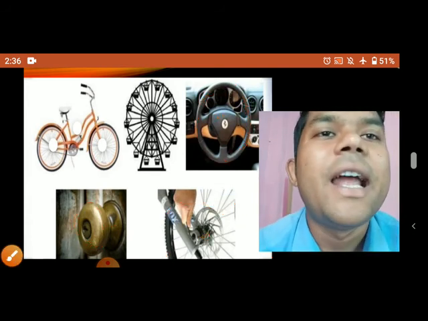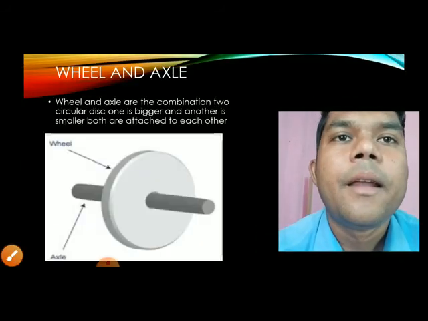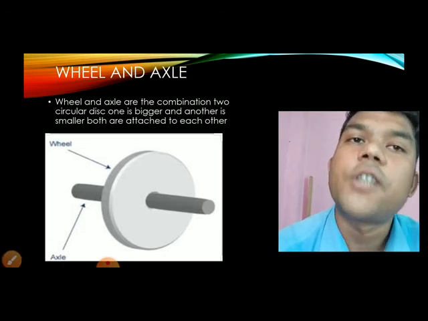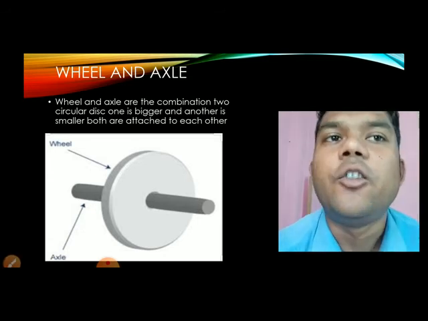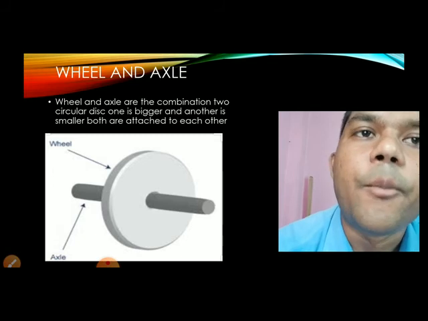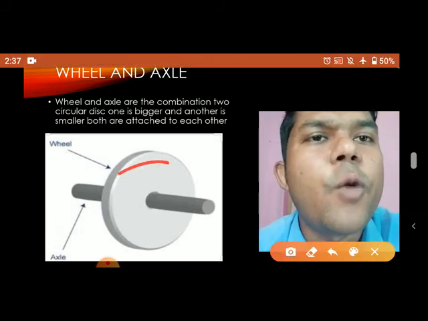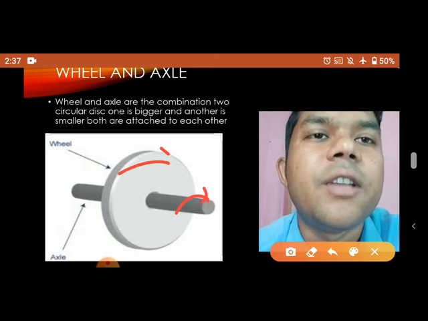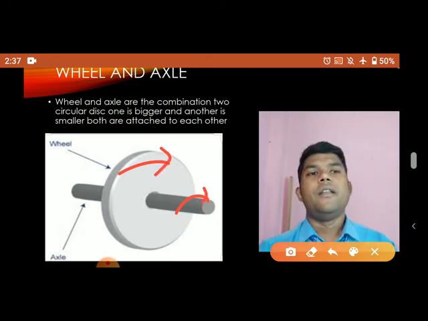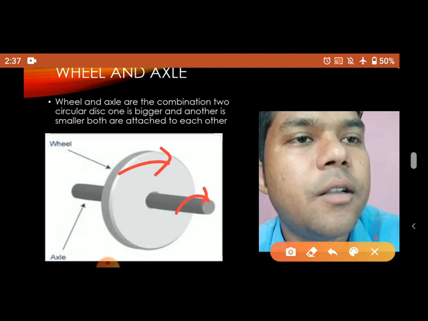So wheel and axle are a combination of two circular discs. One is bigger and another is smaller, and both are attached. When we rotate one, the other also rotates itself. So that is the simple machine, wheel and axle.